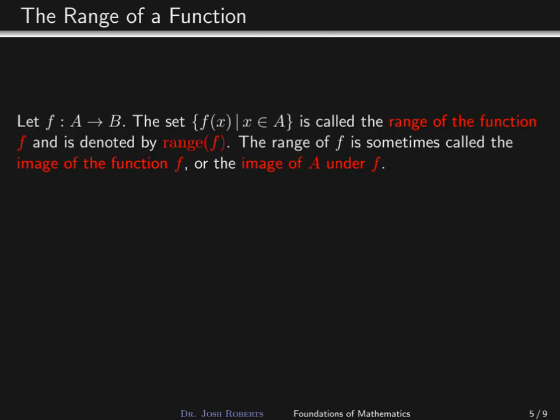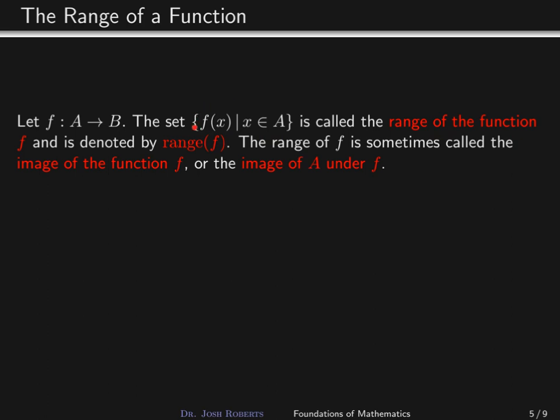Okay, some more terminology. Let f be a function from A to B. The set of all f of x's, where x is in A, is the range. The range is the set of all valid outputs.